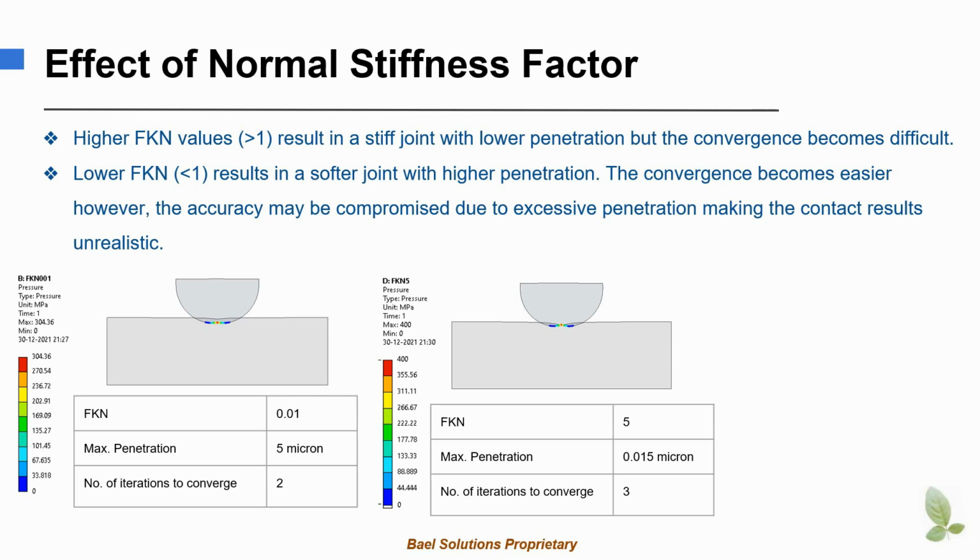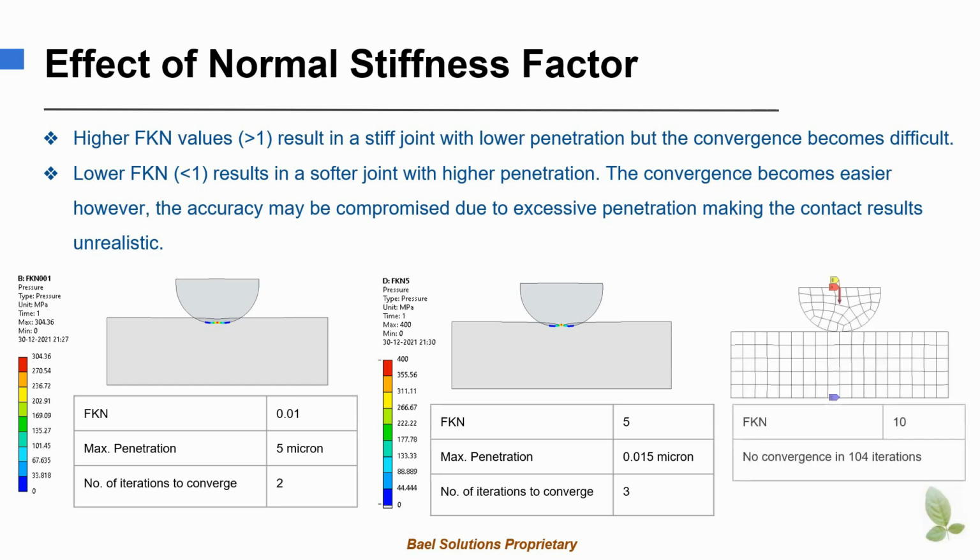In the third case, FKN is increased to 10. This further increases the contact stiffness. The contact becomes so stiff that the solution does not converge in more than 100 iterations. Thus, an optimum FKN value is recommended to balance penetration and the ease of convergence.